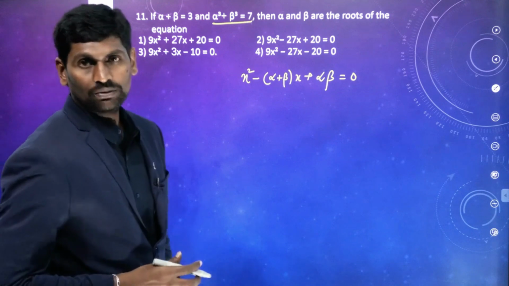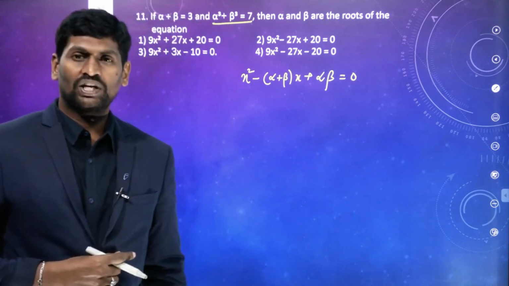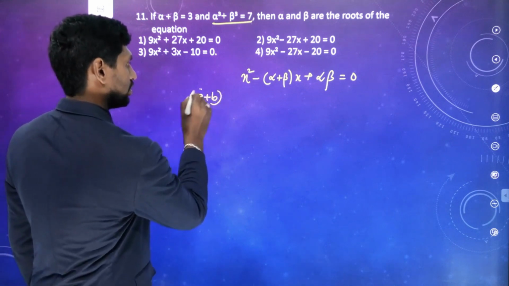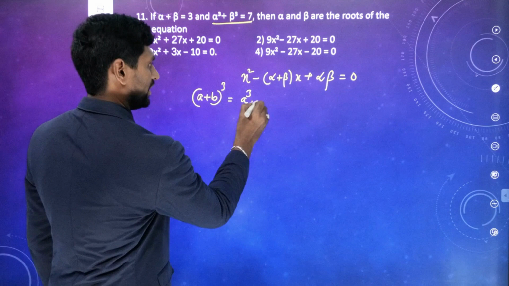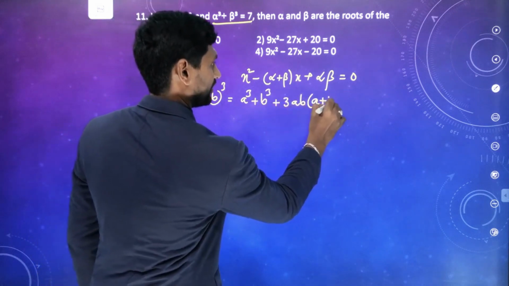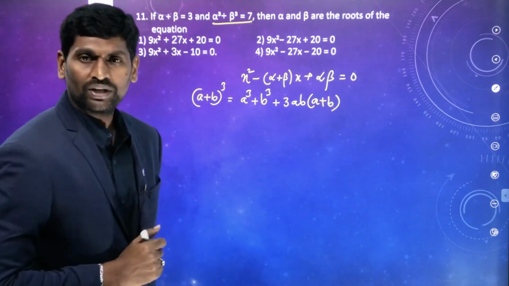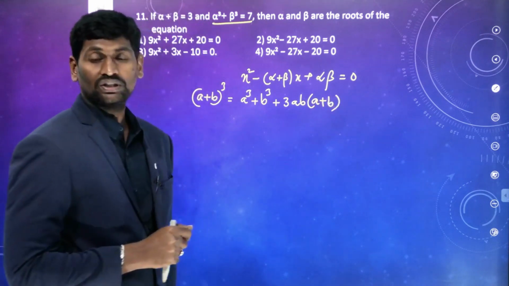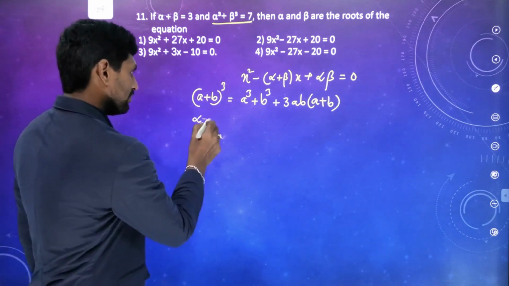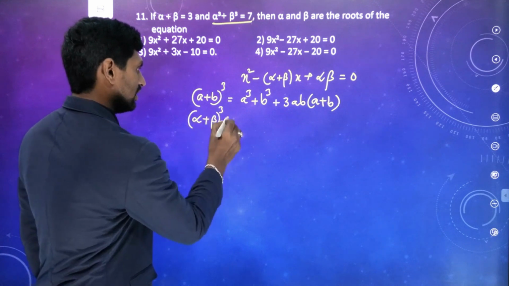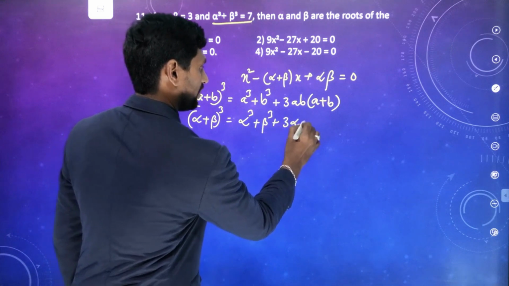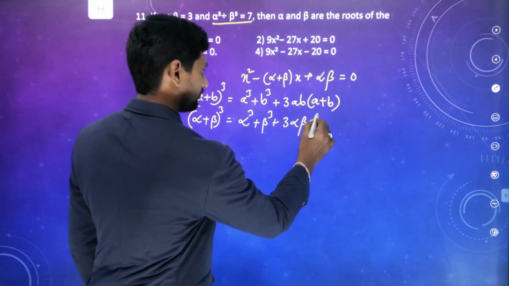Alpha cube plus beta cube is nothing but the a cube plus b cube format, so we apply the (a plus b) whole cube formula: (a plus b) whole cube equals a cube plus b cube plus 3ab into (a plus b). In the place of a and b we substitute alpha and beta. So the same way, (alpha plus beta) whole cube equals alpha cube plus beta cube plus 3 alpha beta into (alpha plus beta).